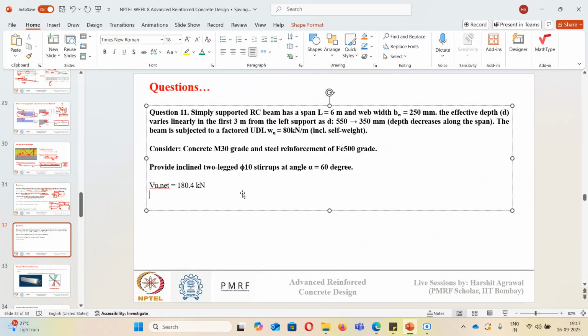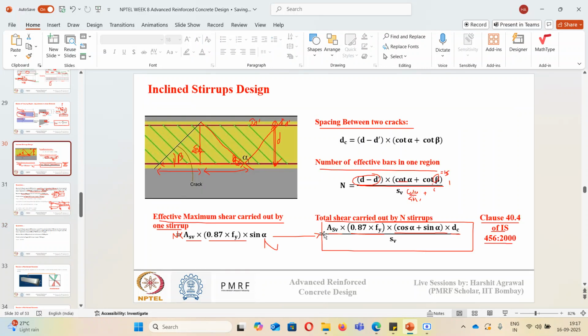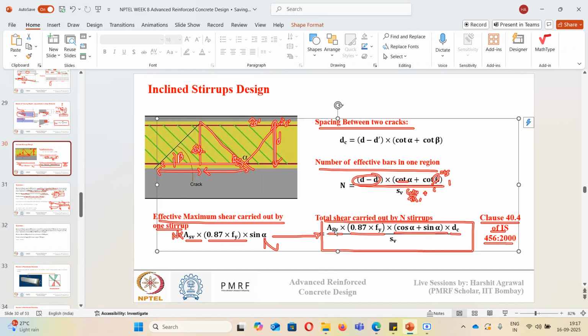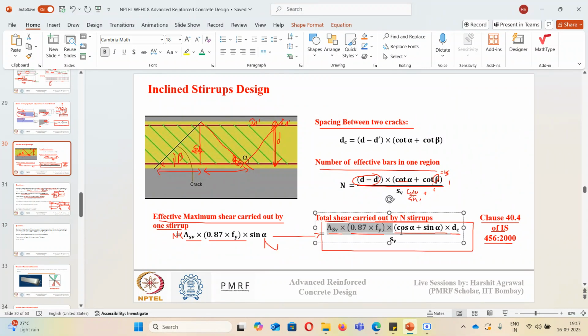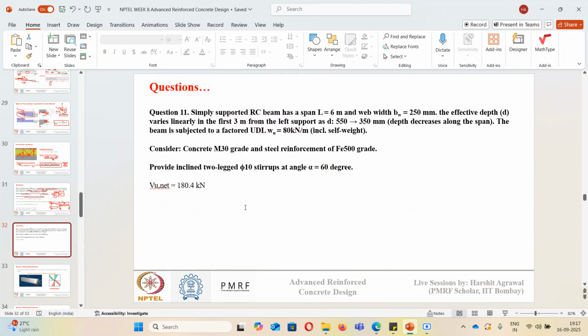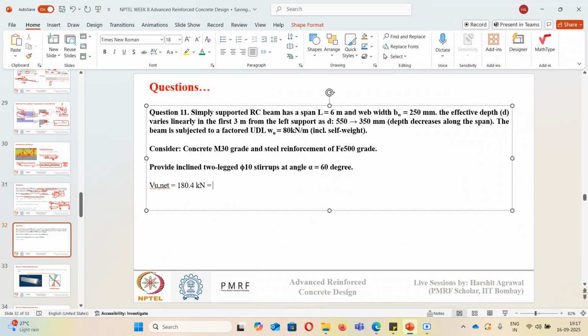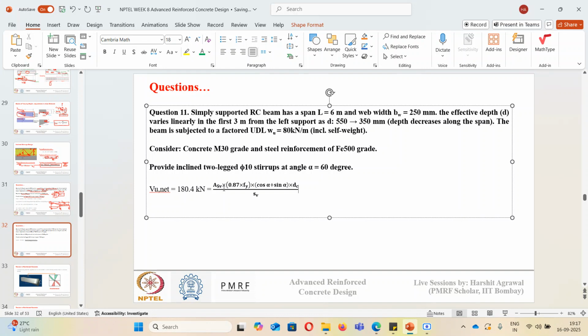Now for this Vu net, we need to design for inclined stirrups. So for inclined stirrups, we'll use this formula for total shear. Asv we have already fixed, it is given to us, it is 2 into pi into 5 into 5, so 2-legged stirrups. fy we know, it is 500.